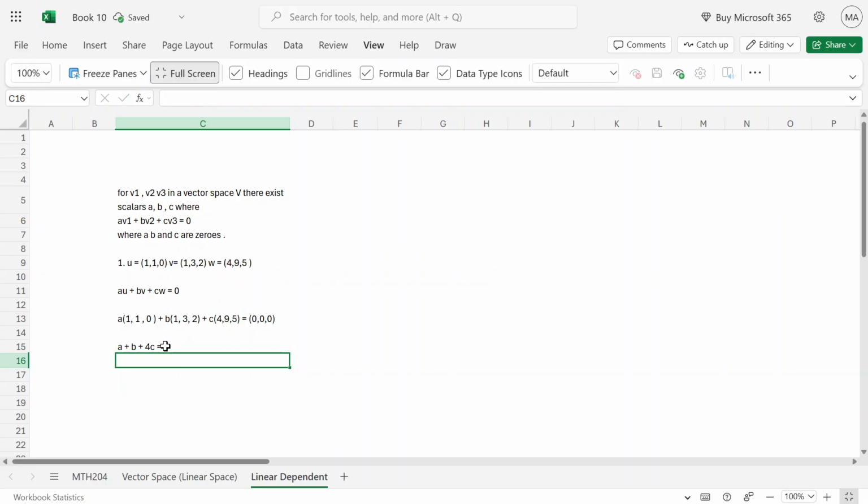That will be the first equation. Then we also have a plus 3b plus 9c equals 0 in the second equation. Then it will be 0 plus 2b plus 5c equals 0.